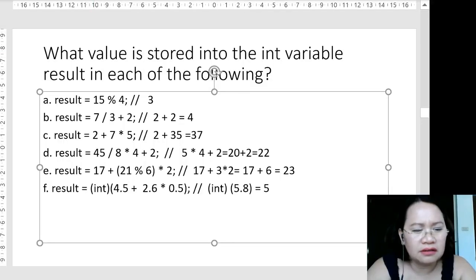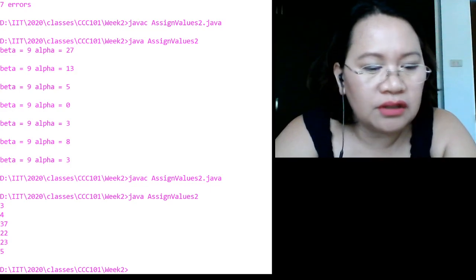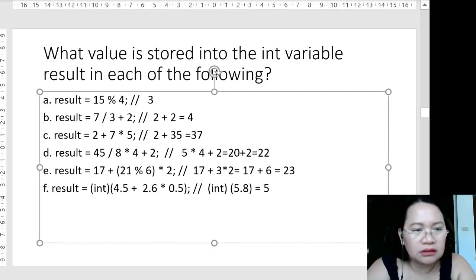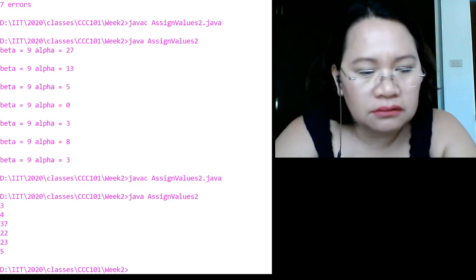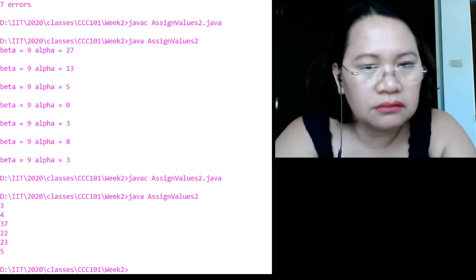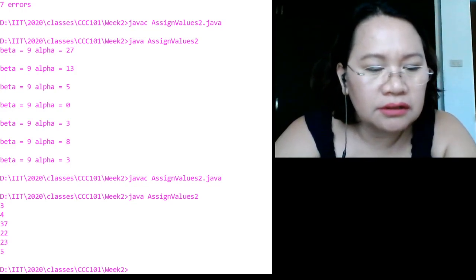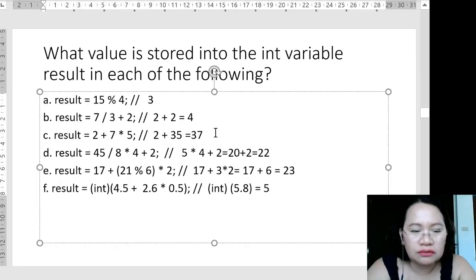Okay, so the first line of output is 3 from our slide. Yes, indeed, it is 3. The next output is, what's that, 4. Yes, 4. And then the next line, 37. So do we have a 37? Yes, we do.